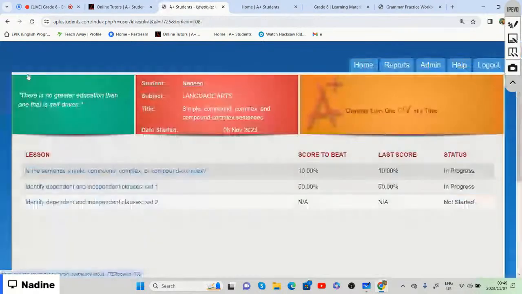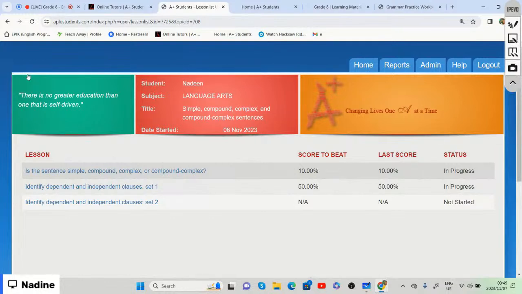All right, grade 8. So that is now the end of our lesson on compound, complex, and compound complex sentences. We said that a simple sentence is also an independent clause. It can stand on its own and it has a subject as well as a predicate.